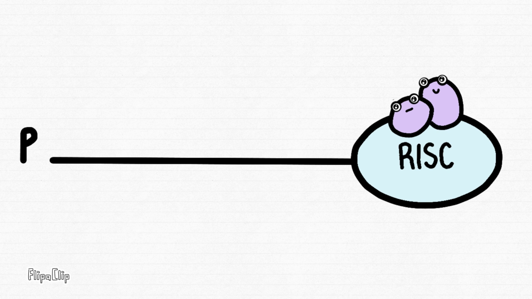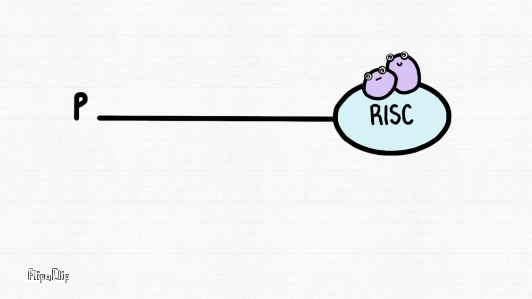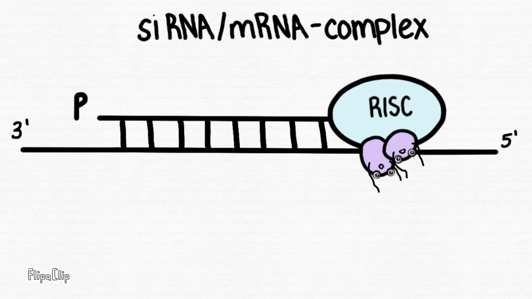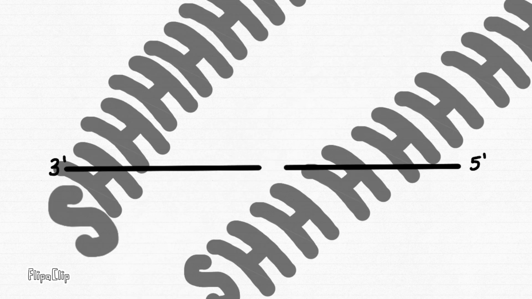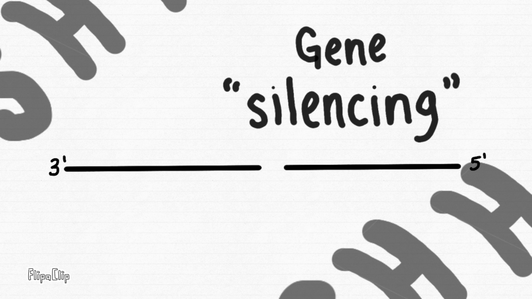These RISC are the same ones that carry miRNA. RISC get rid of one of the double strands of the siRNA duplex and use the remaining strand of RNA to destroy foreign RNA molecules, such as viruses, by entering the cell and acting as a defense mechanism, preventing the expression of a certain gene, also known as gene silencing.